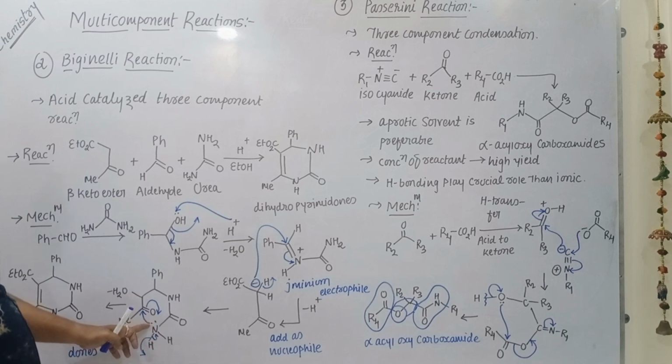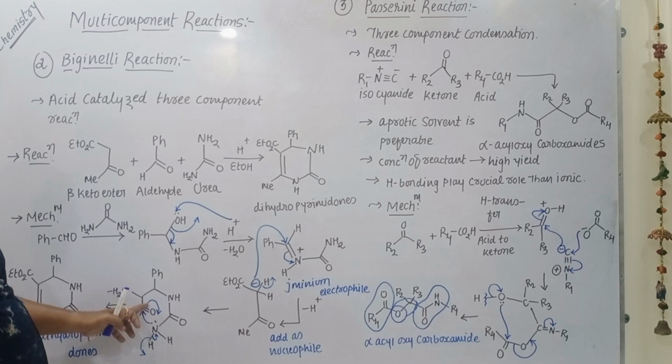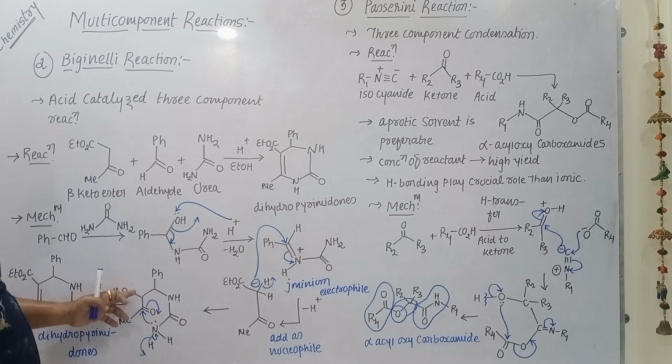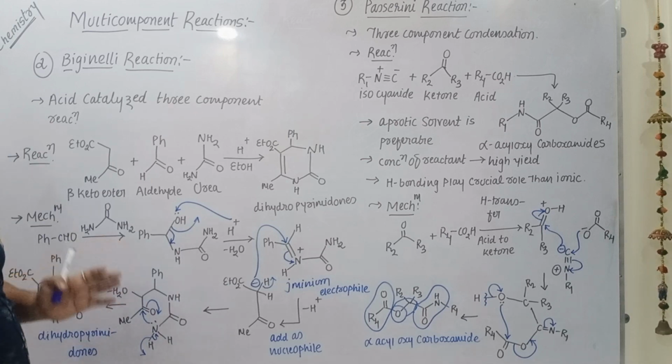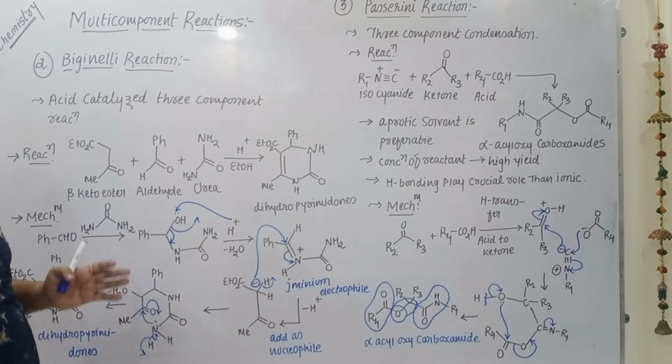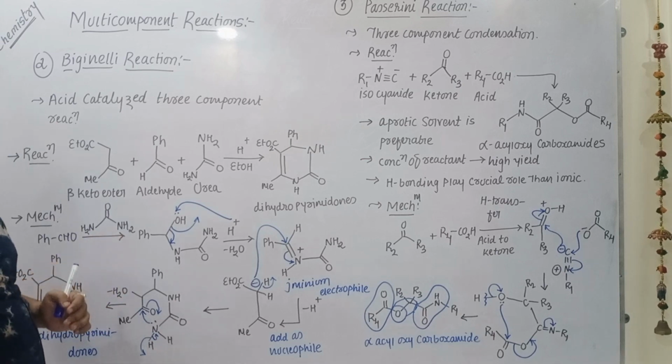The lone pair of nitrogen will attack the carbonyl carbon, and this pi bonding electron will be shifted over oxygen, and this H may attach there, and there is a loss of OH and hydrogen from the next carbon to get this dihydropyrimidine as a product. So this reaction is known as the Biginelli reaction.